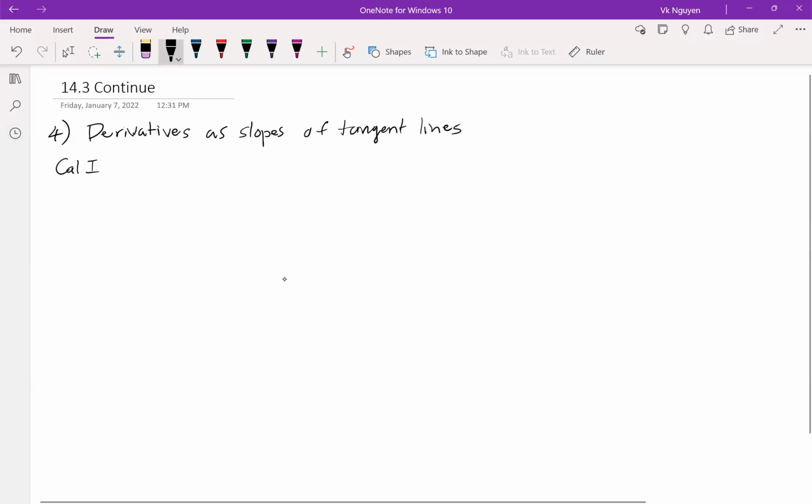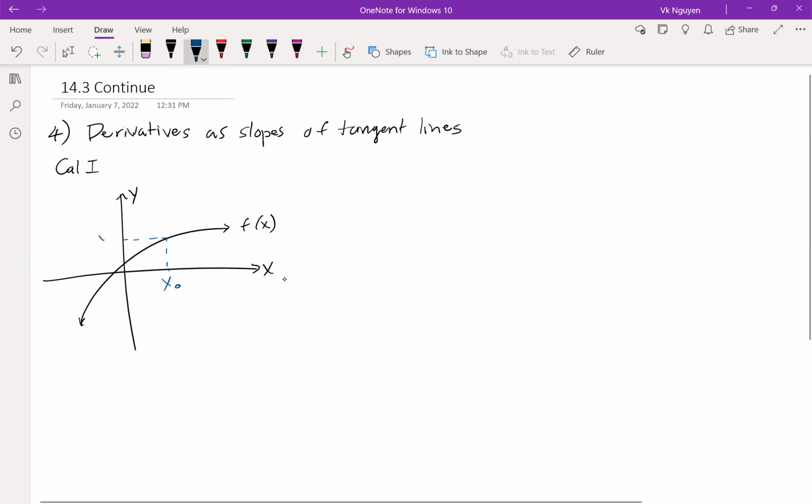Calculus 1. So we know that if we have a function f(x), then the derivative at the point (x naught, y naught), f prime of x naught, will be the slope of the tangent line.